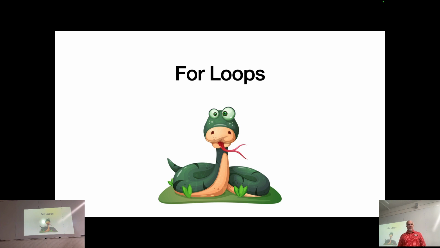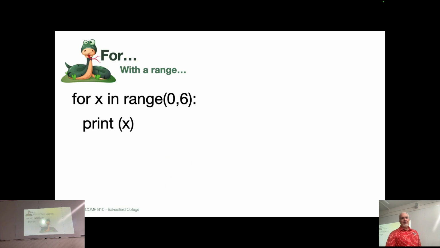It's a number of things. And what happens in a for loop is it does the loop, but each time it does the loop, it's going to take a value from this list and put it in this variable. And it will do them in order.